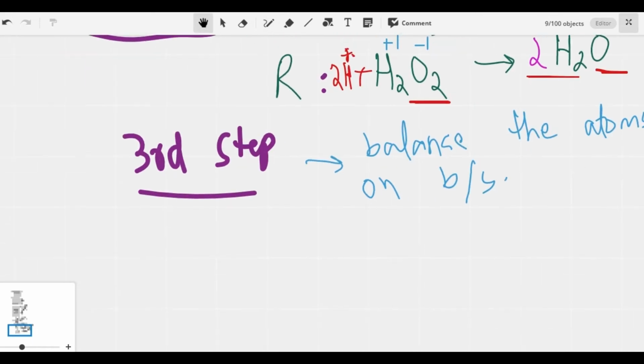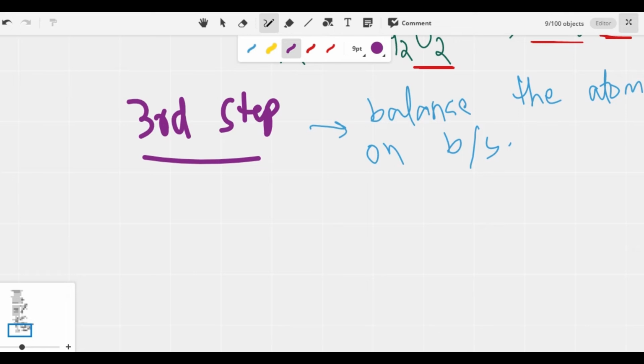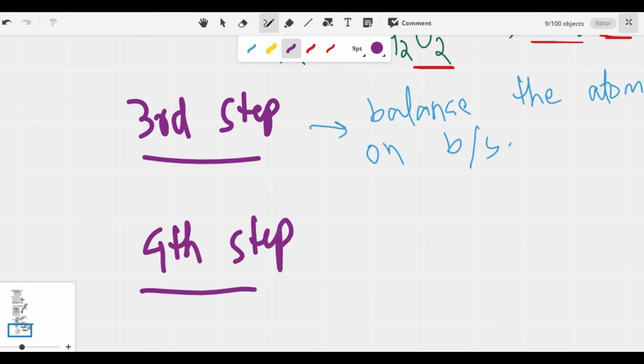Now the fourth step is you need to balance the electrons on both sides.